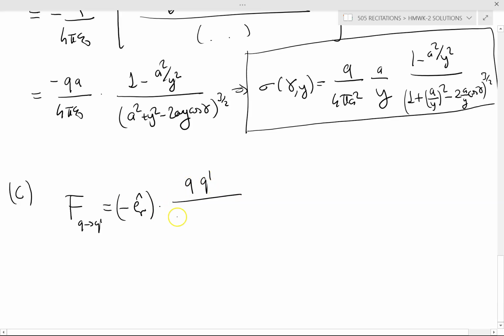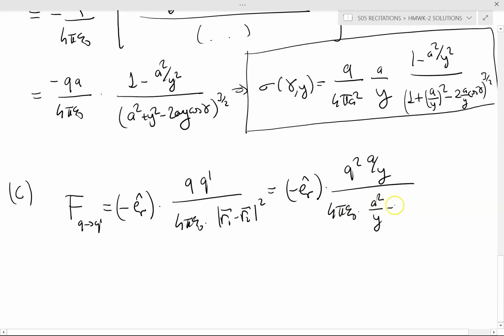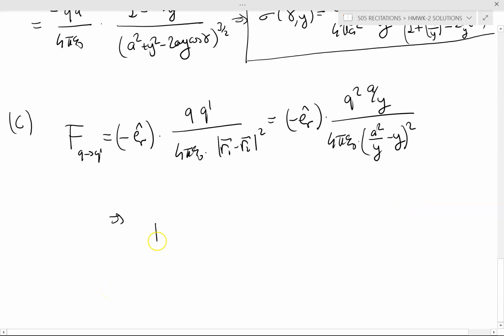Q Q prime over 4 pi epsilon 0 times the distance R1 minus R2 squared, which is minus e_R Q squared a over y divided by 4 pi epsilon 0 times a squared over y minus y squared, which can be written more properly as follows.